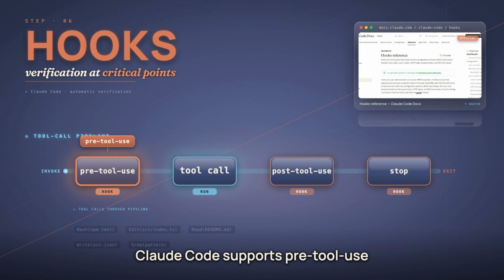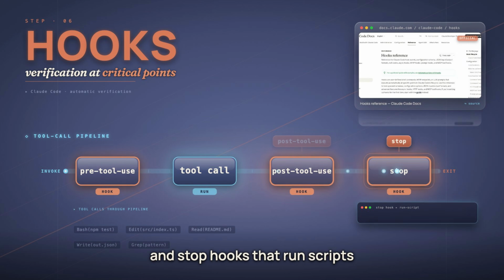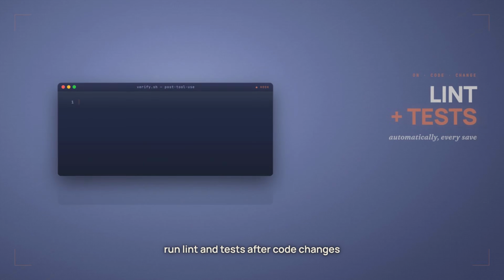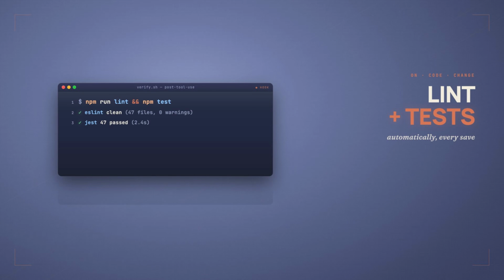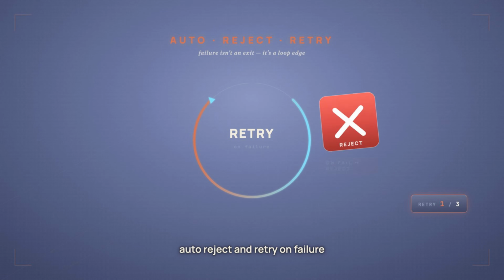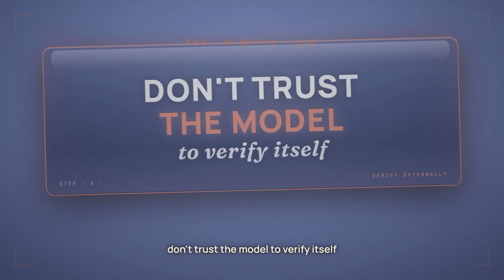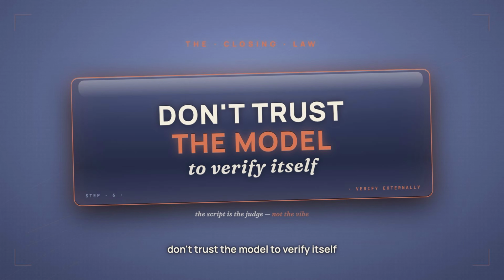Claude Code supports pre-tool use, post-tool use, and stop hooks that run scripts automatically around tool calls. Run lint and tests after code changes. Auto-reject and retry on failure. Build the verifier into the workflow. Don't trust the model to verify itself.